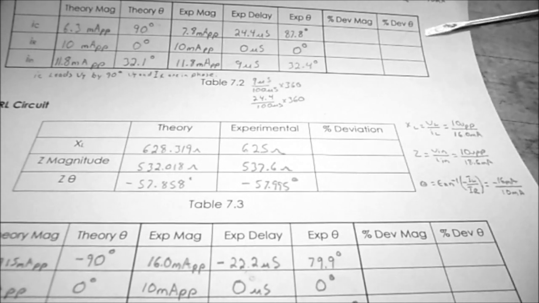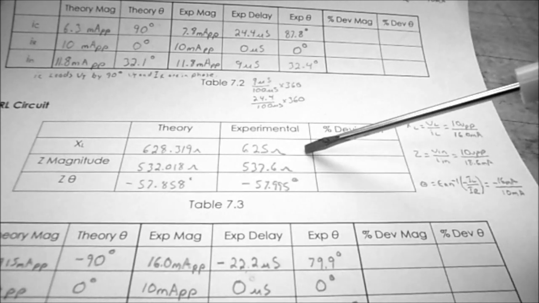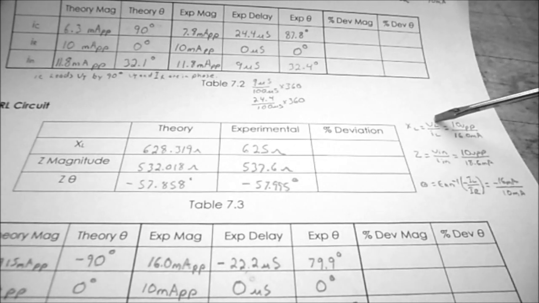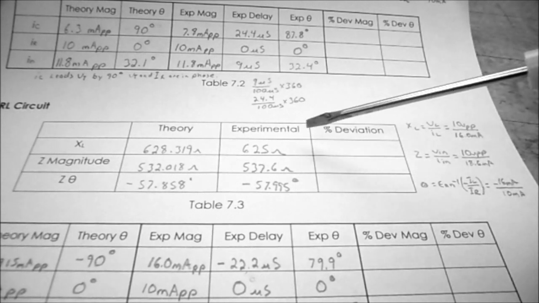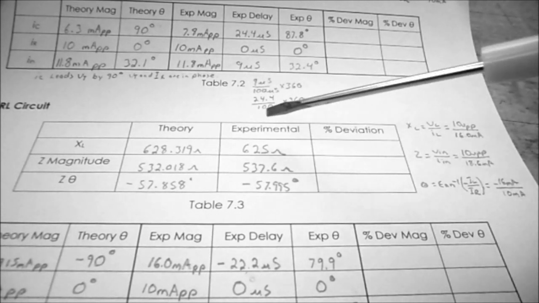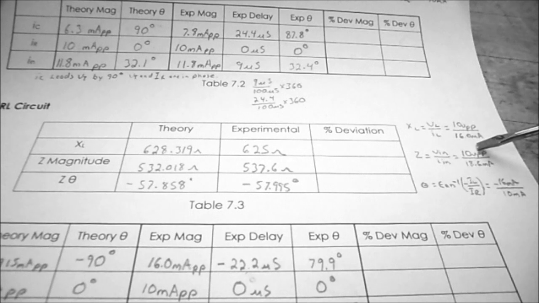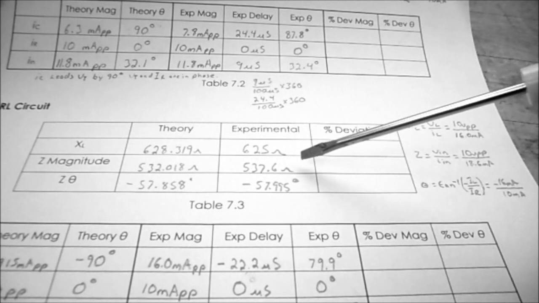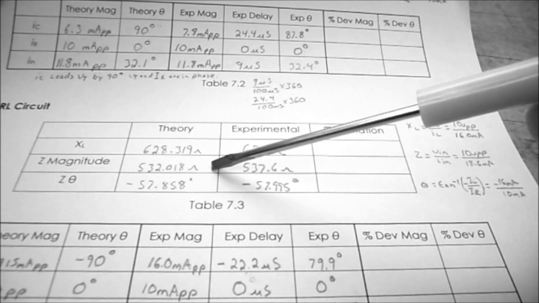So one of the last things to do is to use your experimental currents to calculate XL, which is equal to VL over IL, which is 10 volts peak to peak divided by 16 milliamps peak to peak, and that worked out to 625 ohms, which is close to my theory. My total impedance is Vin divided by I in, which is 10 volts peak to peak divided by 18.6 milliamps, and that works out to 537.6 ohms, which is close to my theory.